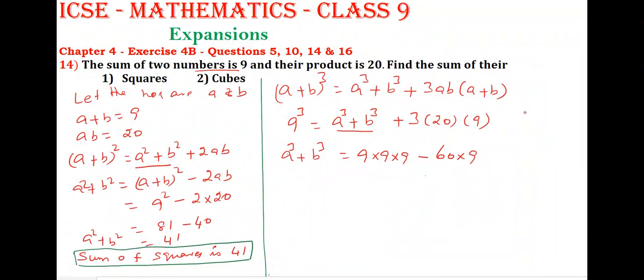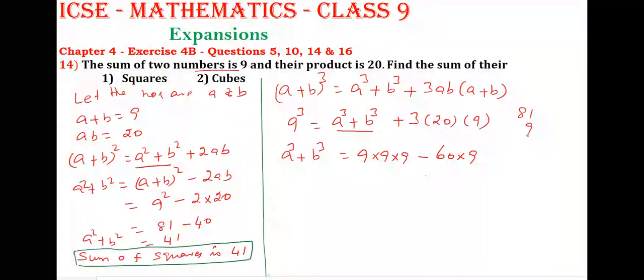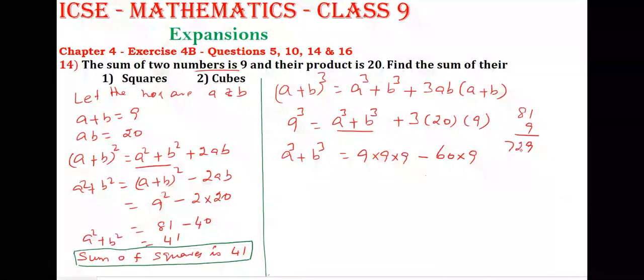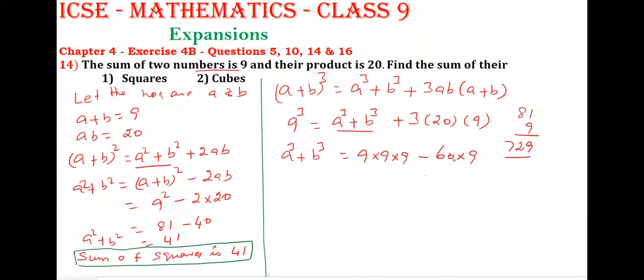So 9 into 9 we know is 81. So 81 into 9, it's 729. Okay. So next 60 into 9, it's 540. So now 729 minus 540 equal to 189.